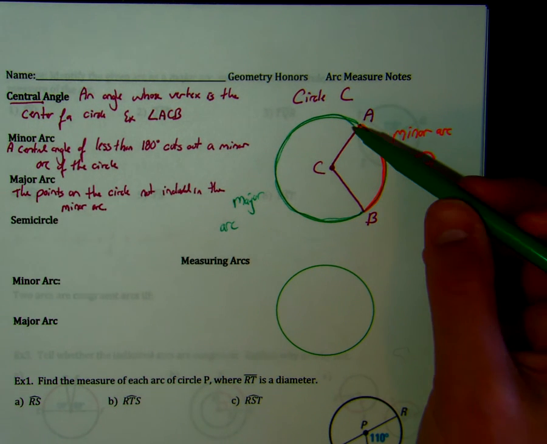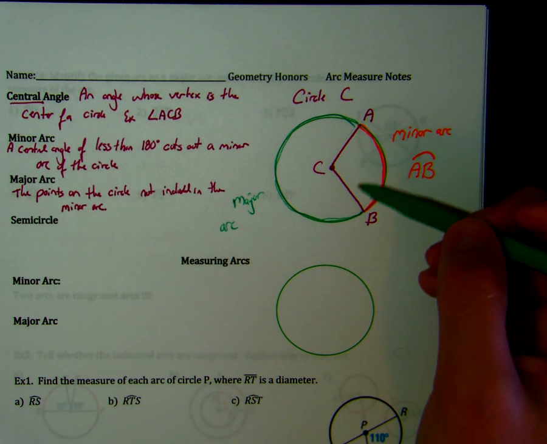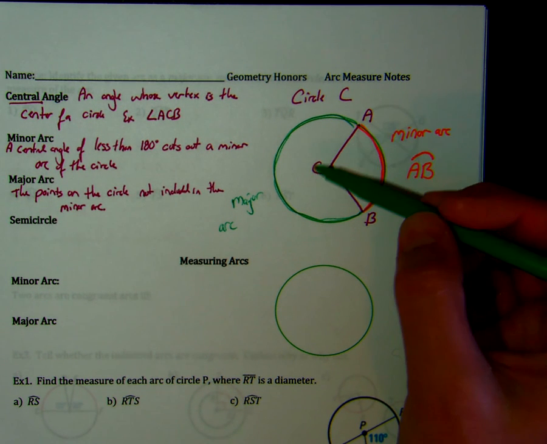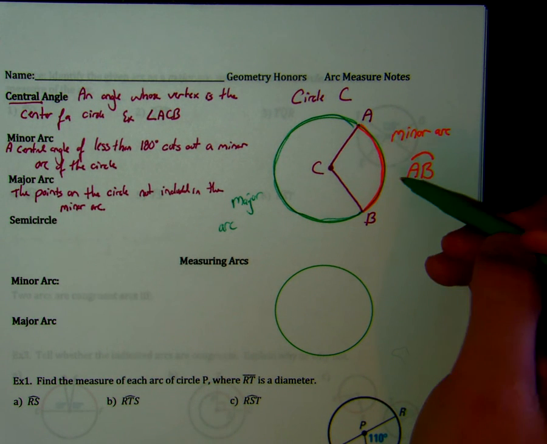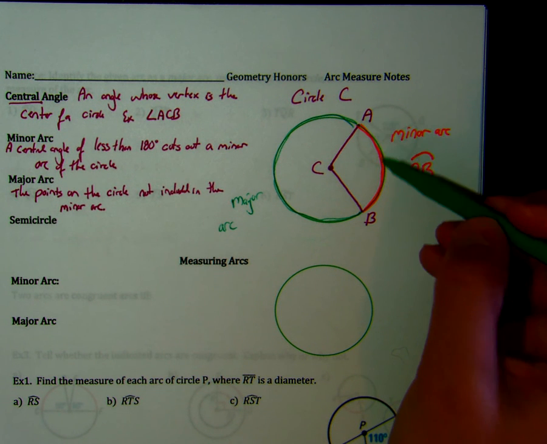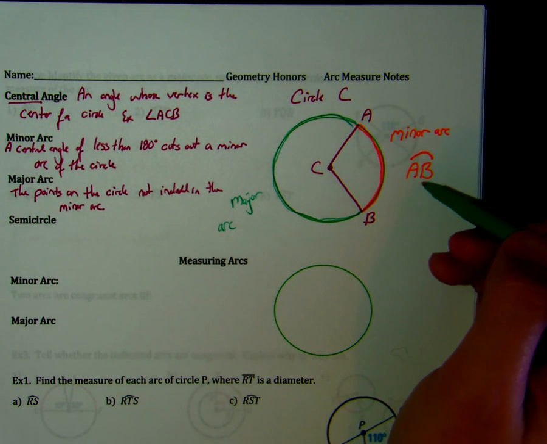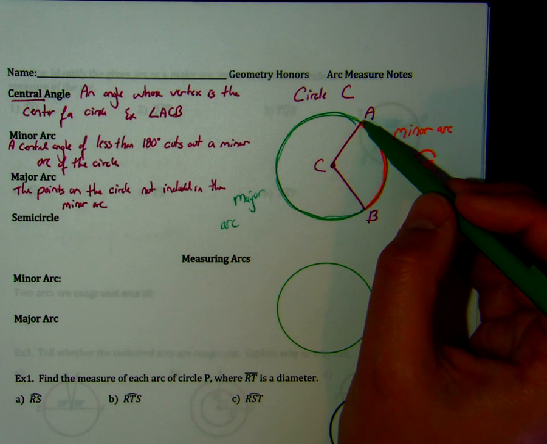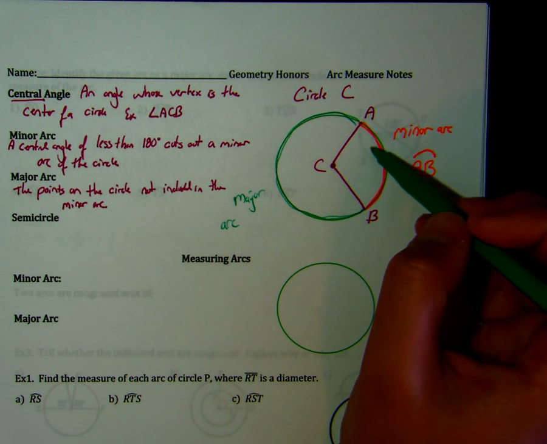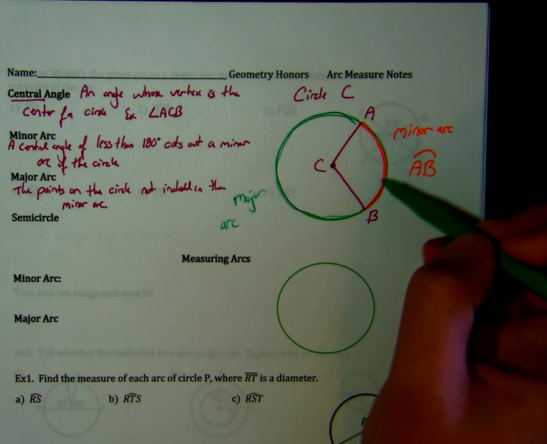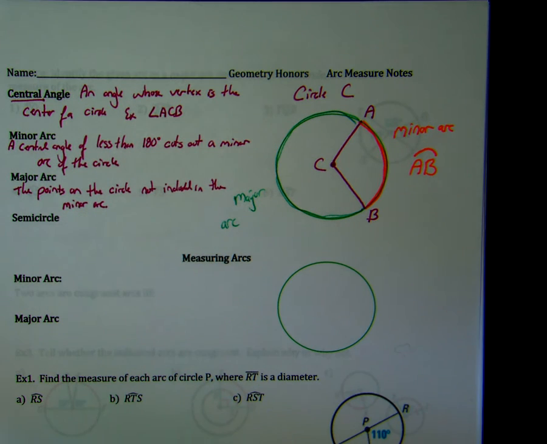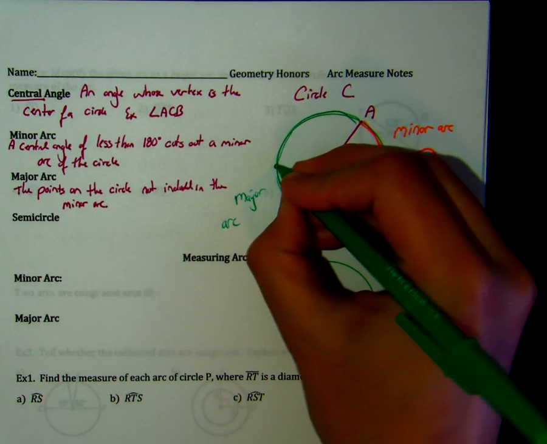When you're naming arcs, if I know this is arc AB, there's no ambiguity as to whether I go this way or that way. Naming the arcs will always go with the shortest path. If you have a two-letter name, you're always referring to the minor arc. If I know it's arc AB, I know I'm going the short distance from A to B. To describe this long distance from A to B, I need to say in the notation that I'm taking a detour, so I need a third point.